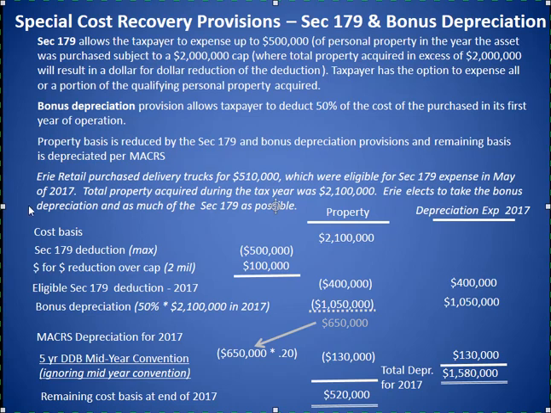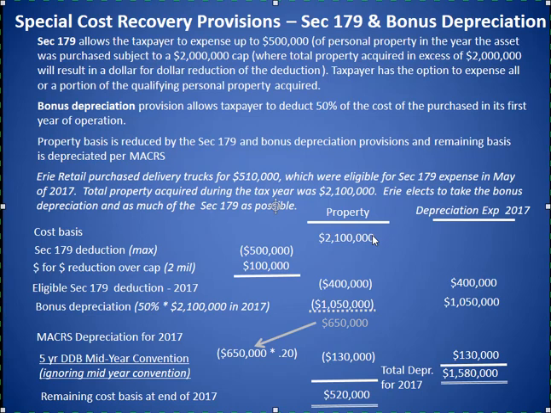Erie Retail purchased delivery trucks for $510,000. So there's our property that qualifies under Section 179. The total property acquired during the tax year overall was $2,100,000. Erie elects to take bonus depreciation and as much Section 179 depreciation as they possibly can. So the total property basis purchased during the year was $2,100,000.